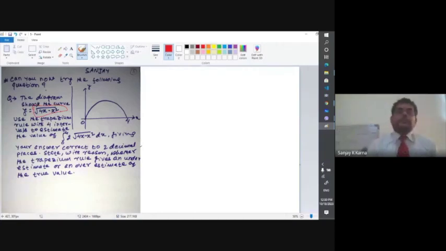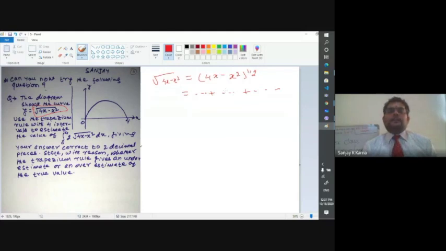So here, for example, this is given as the square root of 4x minus x squared, that means it is (4x minus x squared) to the power 1 by 2, and if you use the binomial expansion, you will have separate terms of x with some constant coefficients, and by breaking it in that way, you will be able to find the integration of this function.